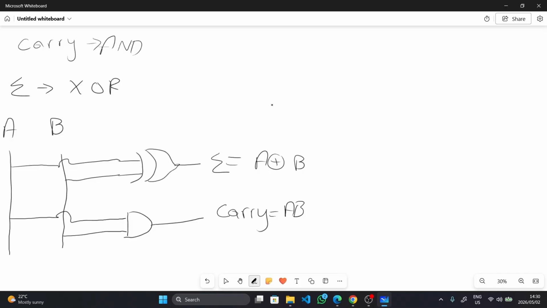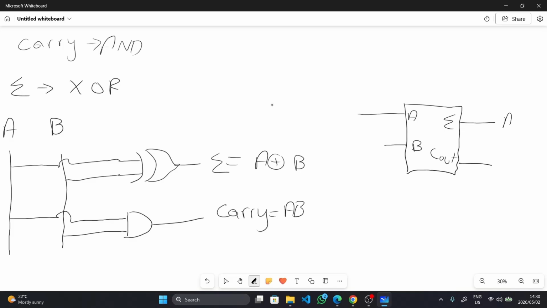It can also be represented like this, the most common way to represent a half adder. We have a block, two inputs, then the sum output, and then we have C out, which we call carry out.